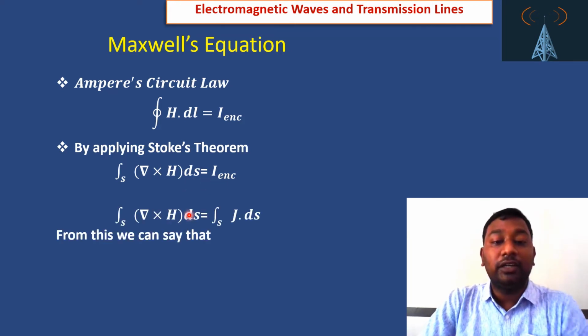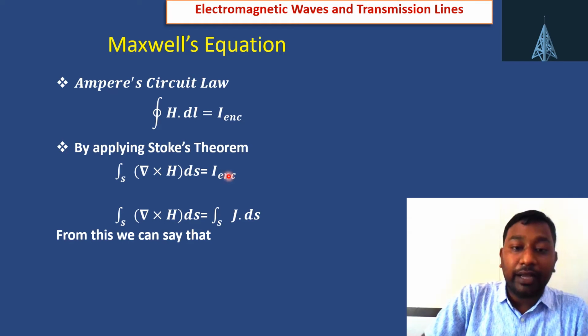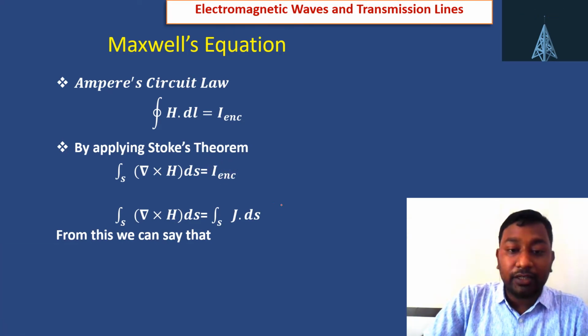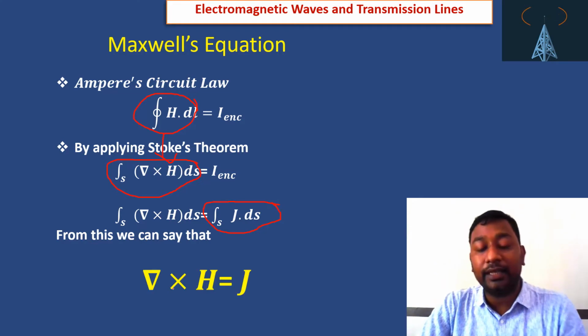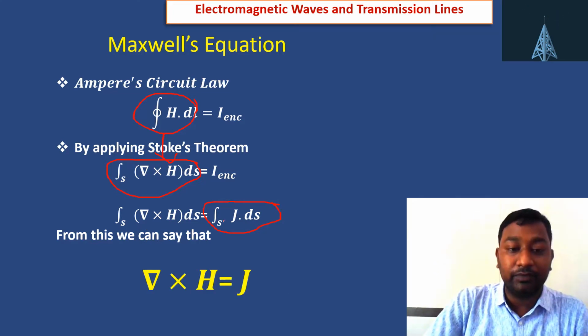Now we will find the I enclosed. We can write I enclosed equal to J dot ds over this particular surface. So first we convert this H dot dl by applying Stokes theorem, which gives del cross H. From this we can say that del cross H equals J, because this is also a surface integral.